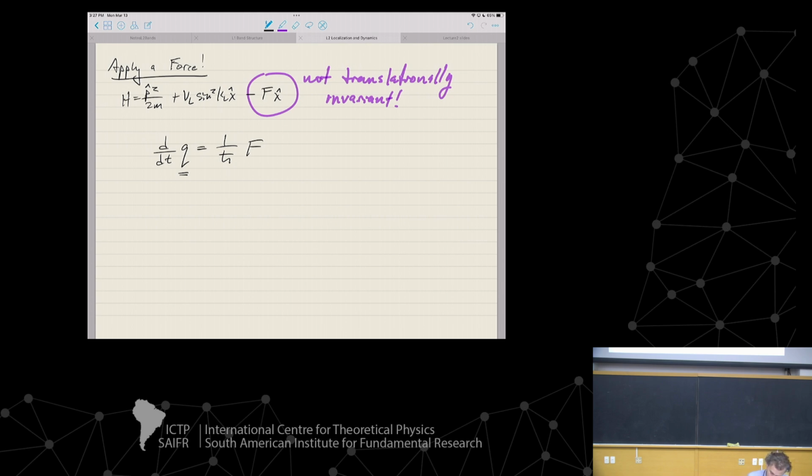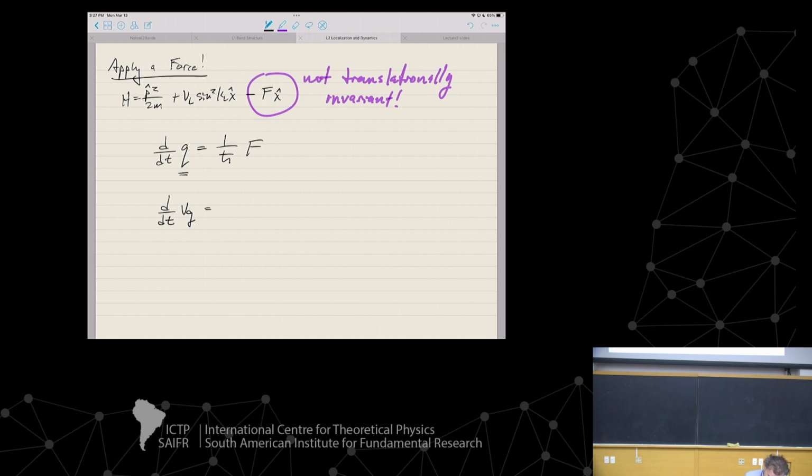On the other hand, if I want to know what the group velocity does, I have to ask a different question. The time dependence of the group velocity is not just a linear relationship to the quasi-momentum, because remember, group velocity is the derivative of energy with respect to q. It's not even linear with quasi-momentum.